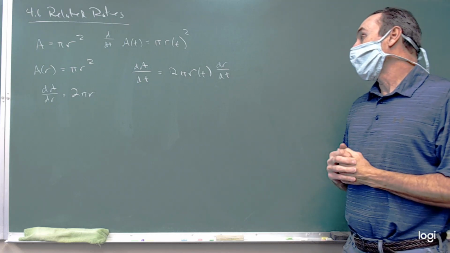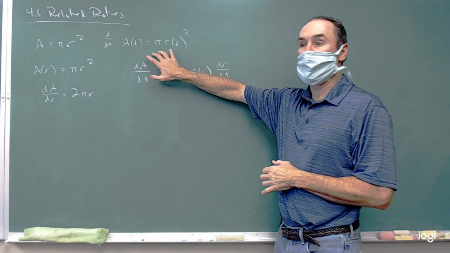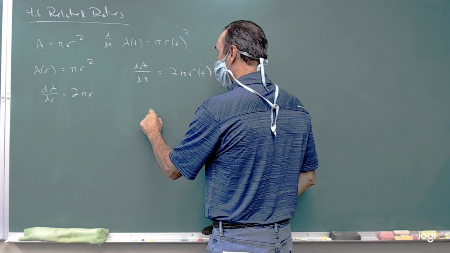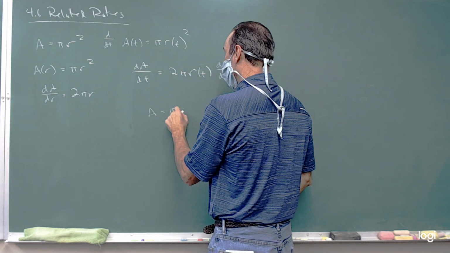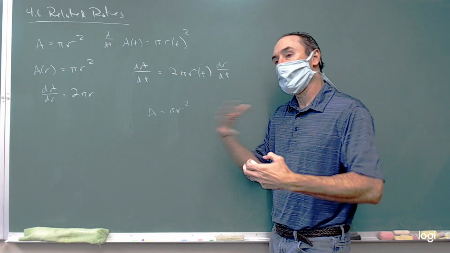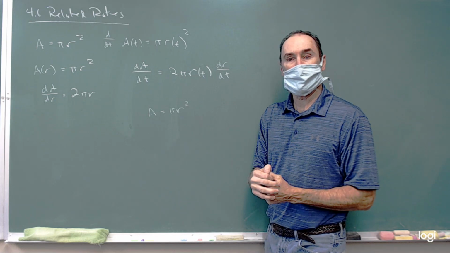What adds to the confusion, I think, is that people don't write it this way. You'll have to get it from context. It'll still be given to you as A equals pi r squared, but from some context in the problem, you'll understand that the radius is changing with time.